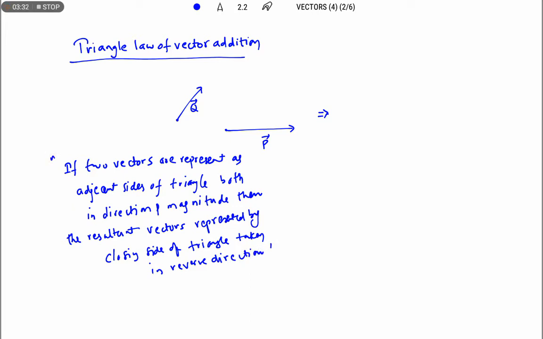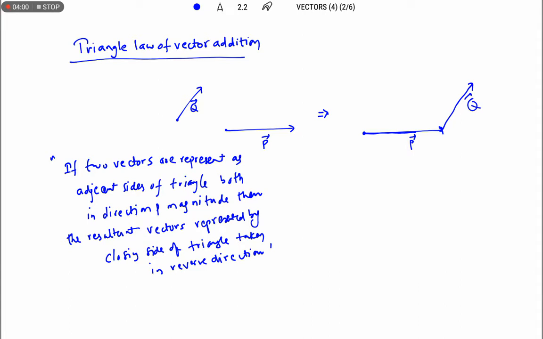Okay, two vectors are given for us, P bar and Q bar. They are represented as adjacent sides of a triangle. Then we should add them without changing the sense of direction and without changing the magnitude. I am not changing the direction of the given vector. So P bar in the same direction I am drawing here, Q bar also I am drawing.